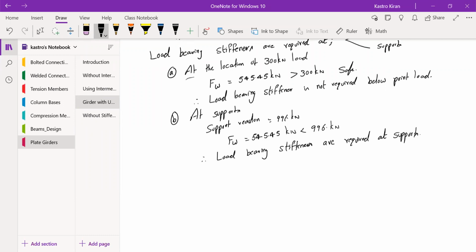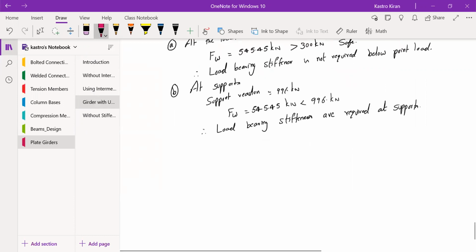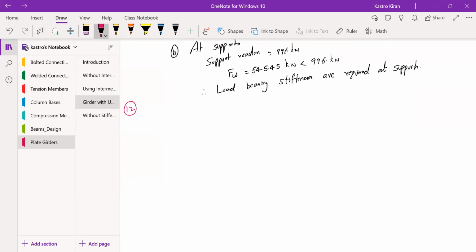So now let's design the load bearing stiffeners at supports. Okay, so this point will be the 12th point. Design of bearing stiffener at support, because you found out that the load bearing stiffeners are required only at supports.